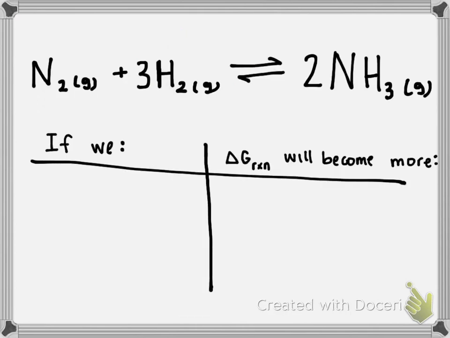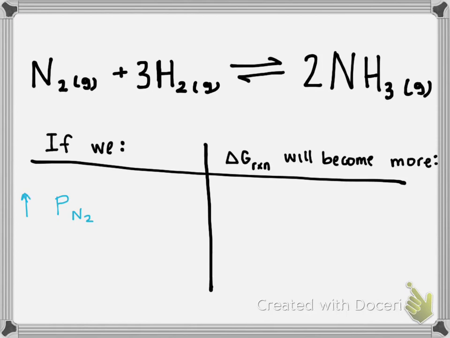So now let's think about how this could apply with LeChatelier's principle. So I've written this reaction for the Haber process here. And we can think about how if we change something in the reaction, what's going to happen to the delta G associated. So let's say we go ahead and we increase the partial pressure of our N2 gas.